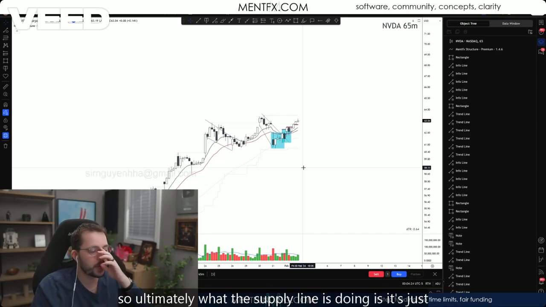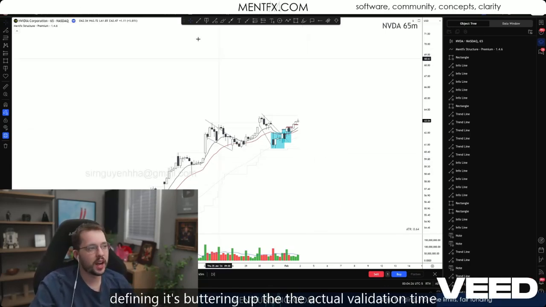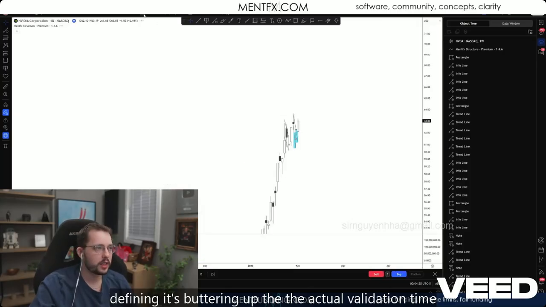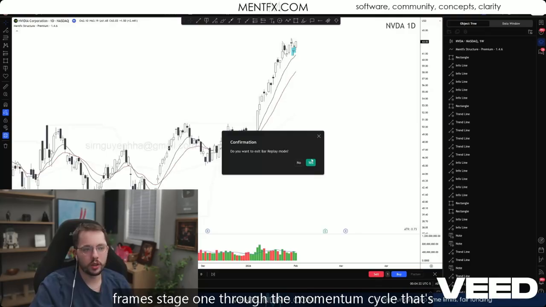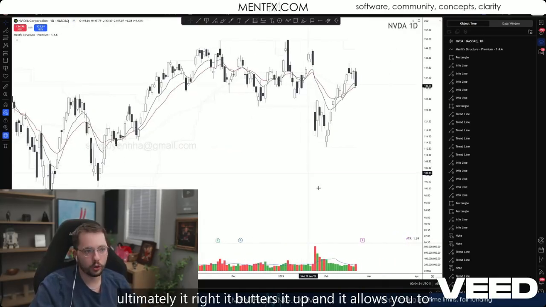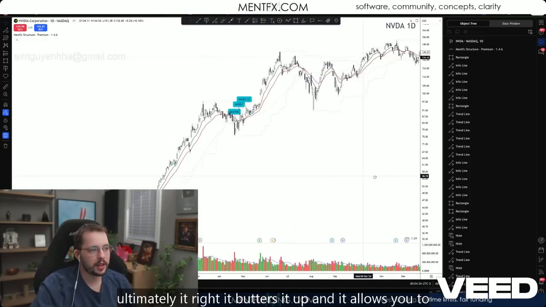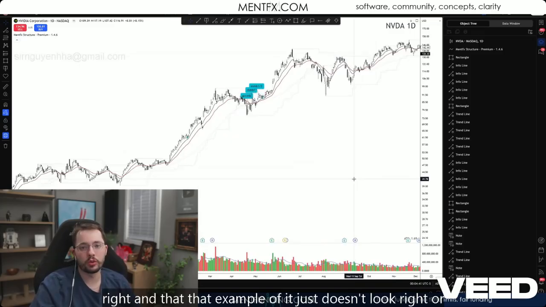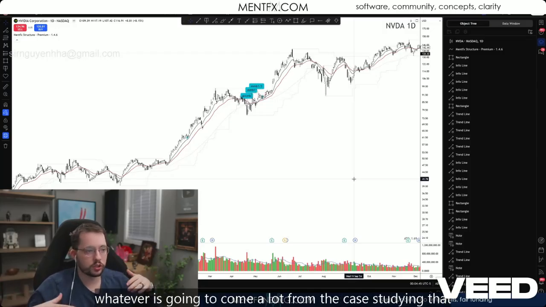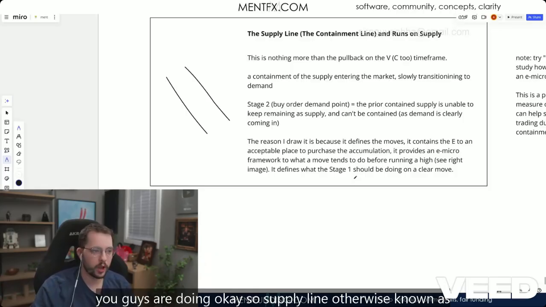Right. So ultimately, what the supply line is doing is buttering up the actual validation timeframe's stage one through the momentum cycle. That's ultimately it, right? It butters it up and allows you to decide if something is worth trading or just doesn't look right. And that sense of it just not looking right is going to come a lot from the case studying that you guys are doing, okay?